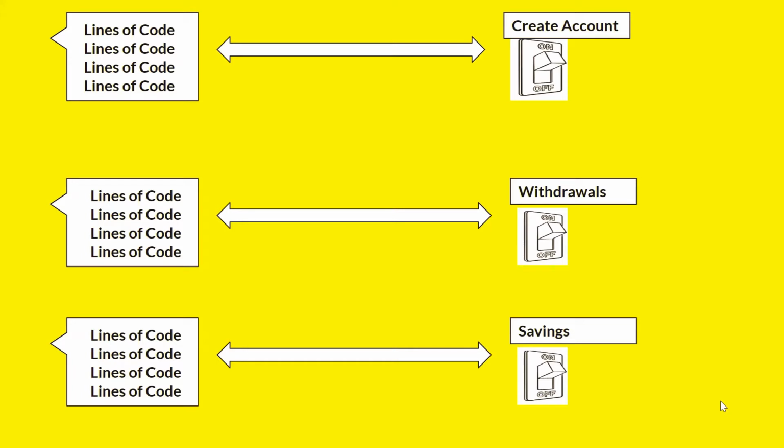So instead of writing multiple lines of code, all you need to do is write a function to create an account which contains lines of code, another function to withdraw money from your bank account, which also involves lines of code, and another function that calculates your savings, which also involves lines of code.